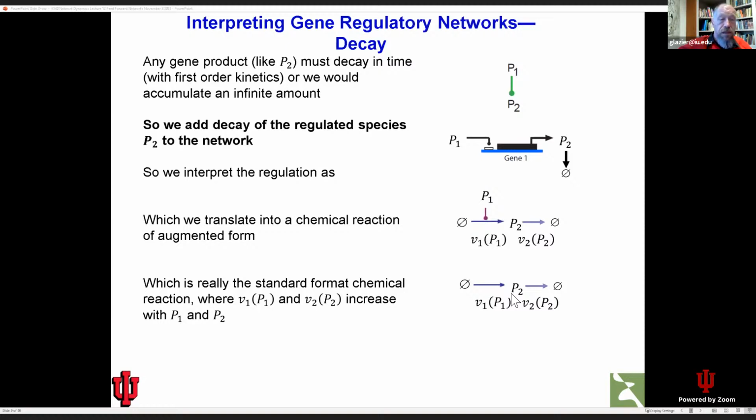Whenever we have transcription to translation in a diagram like that, it's implied that the protein decays. If it doesn't, we wind up with an infinite amount of it. And so actually this single lollipop diagram, P1 goes to P2, implies nothing goes to P2 at a rate that depends on P1, and then that P2 decays.